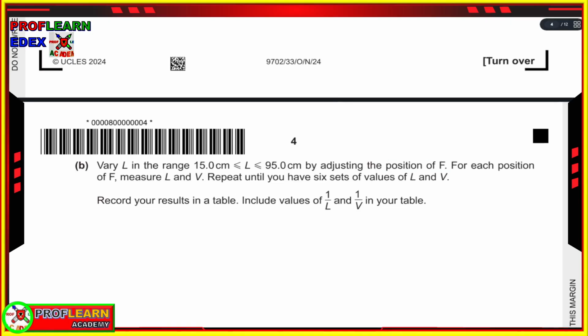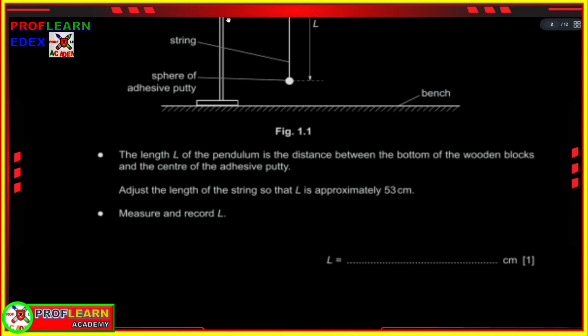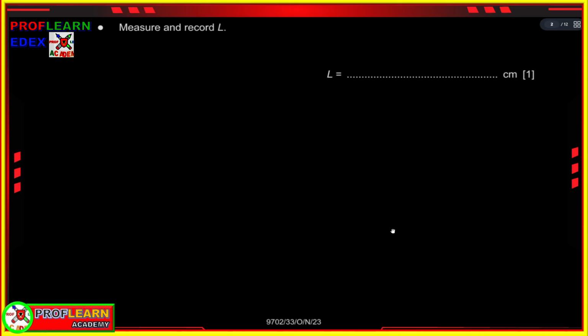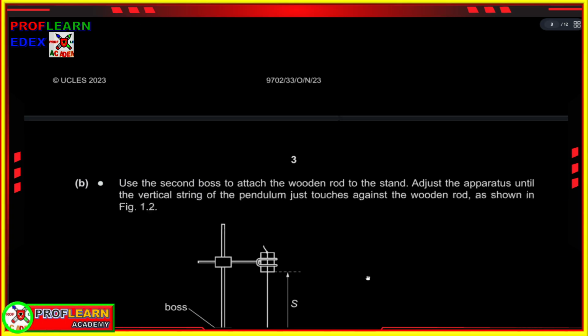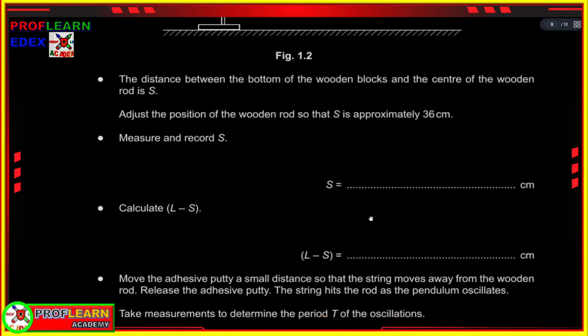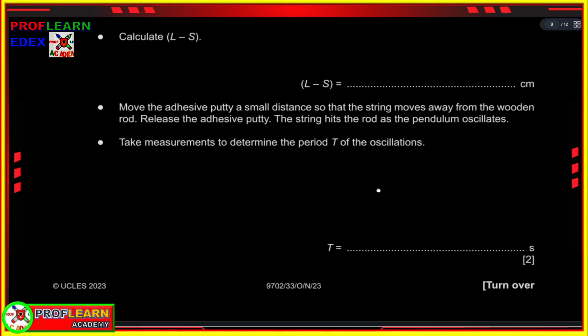Let's check another year. Are these questions really going to be any different? You see, taking that measurement for L, ensuring the number of significant decimal places is correct. You should not be scared of this exam.